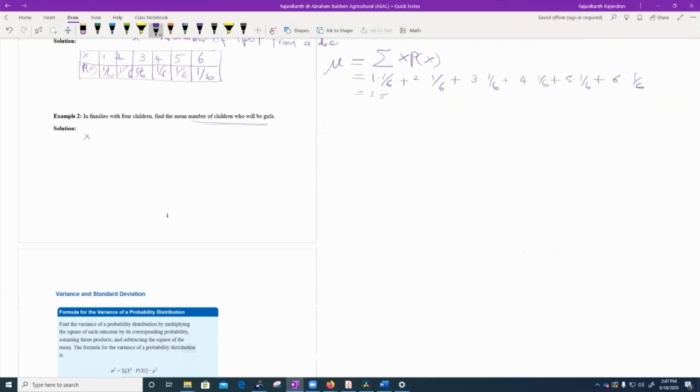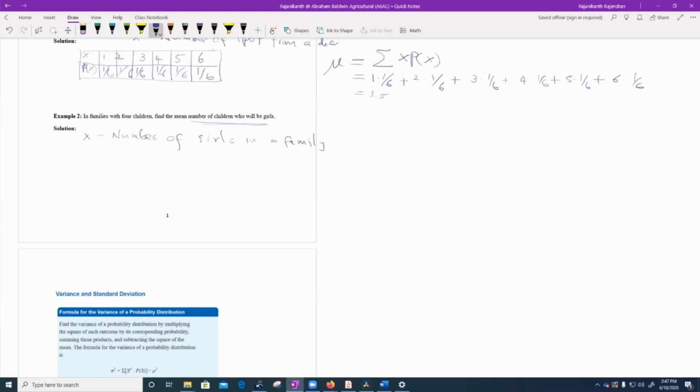So my random variable x is here the number of girls in a family. So first of all, you need to define your random variable according to the problem. Okay, so remember now, we need to have a probability distribution table before going to find the mean of this problem.